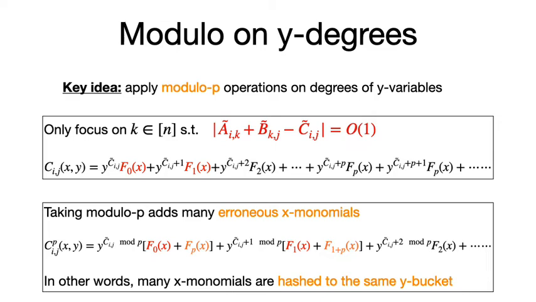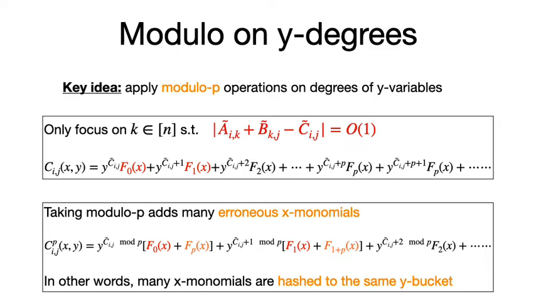In other words, we can view this mod p operation as a hash function that puts multiple x polynomials in the same y bucket. To extract the true answers, we need to do some post-processing of our polynomial matrix multiplication.